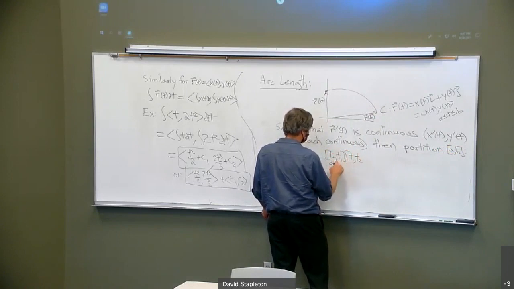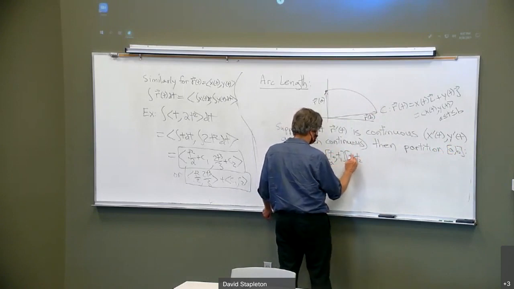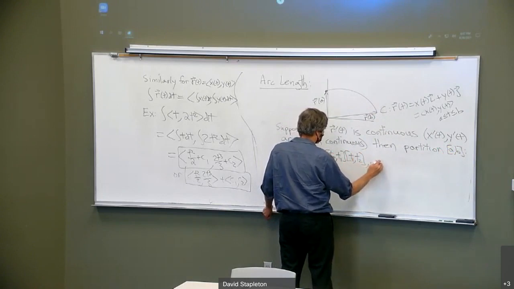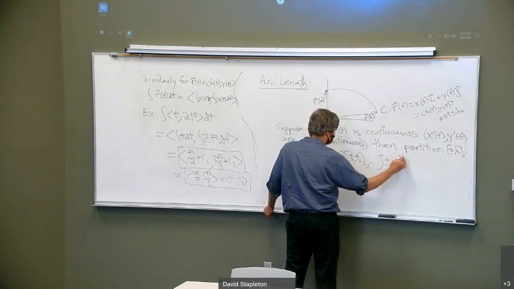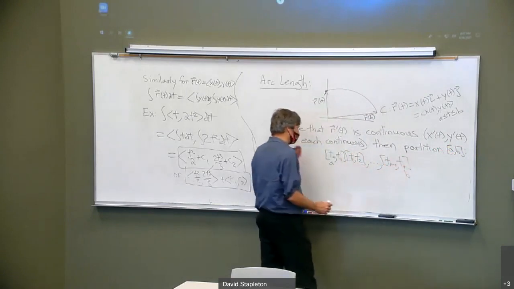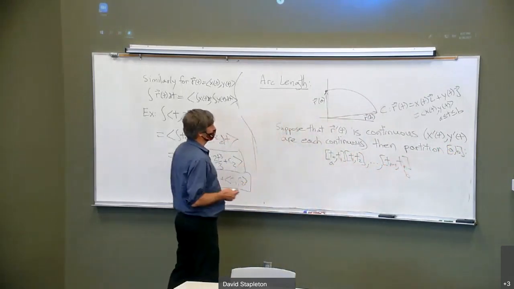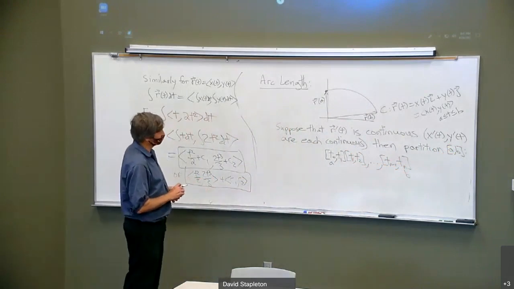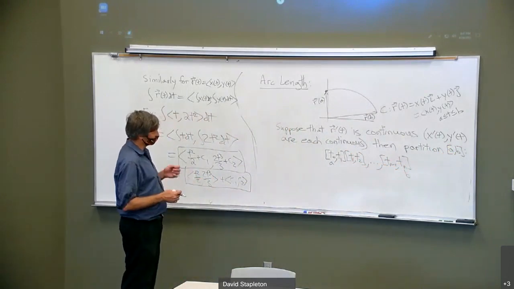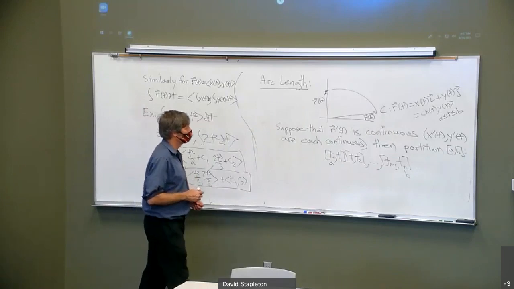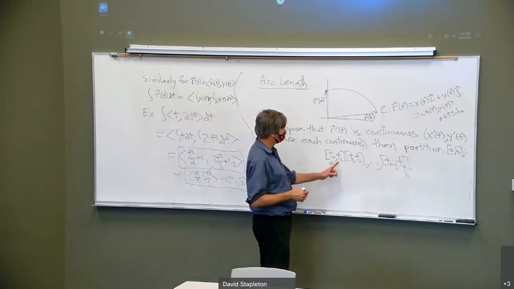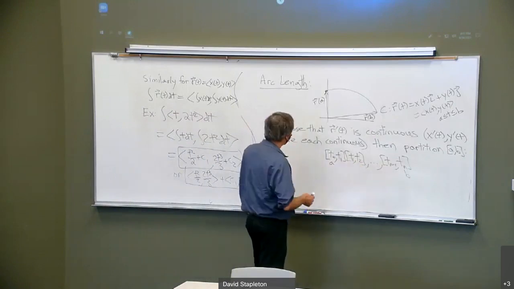That is, t0 is less than t1, is less than t2, and so forth, all the way up to t(n minus 1), and tn, with tn equal to b. We call that a partition of the interval from a to b, breaking it up into these closed subintervals. n of these. 1, 2, 3, n.